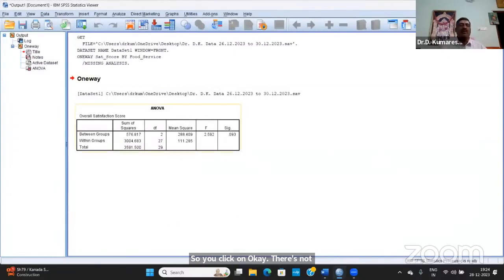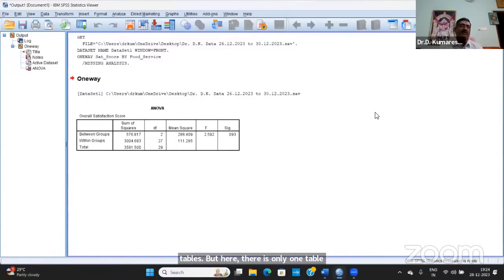Only one box is given, or only one table is given. In the case of regression, we find that there are 4 tables. But here, there is only one table.